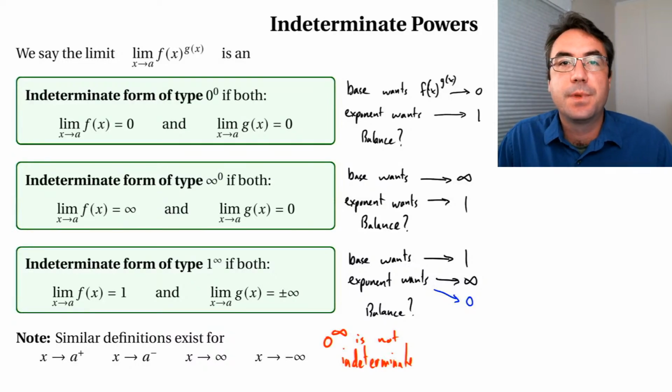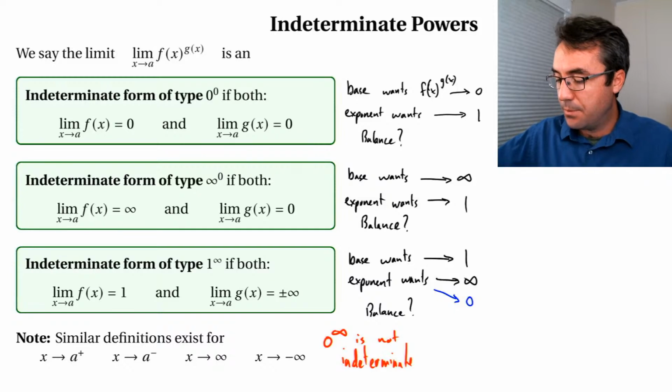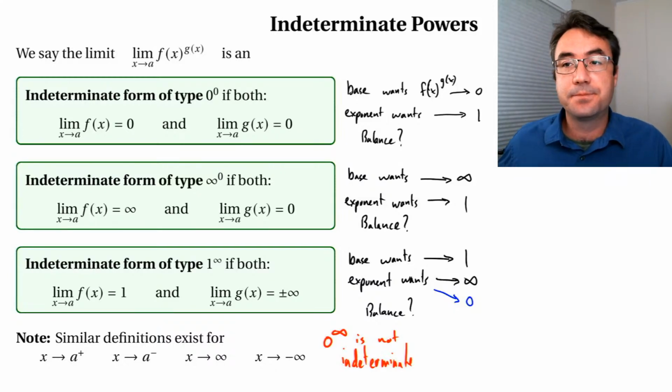So there's no mystery there. So if our base term is going to 0 and the exponent is going to infinity, it might look like it's going to be indeterminate, but it's not. It's actually just the whole limit would go to 0. So that one's not indeterminate, but the three other ones are.